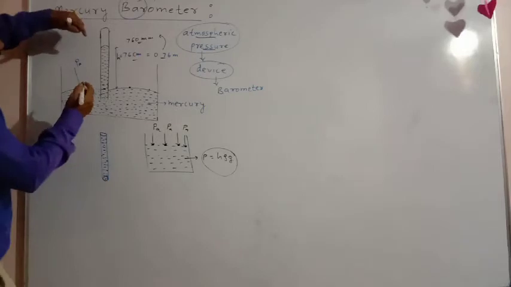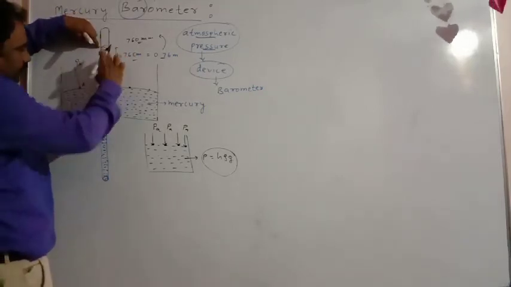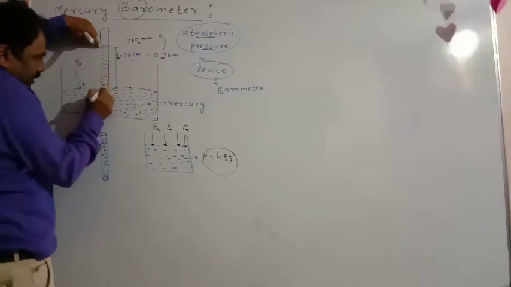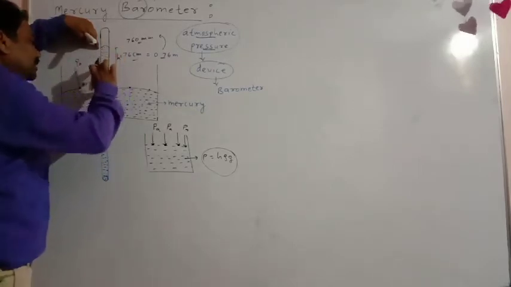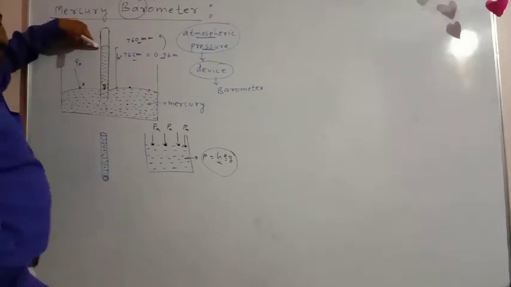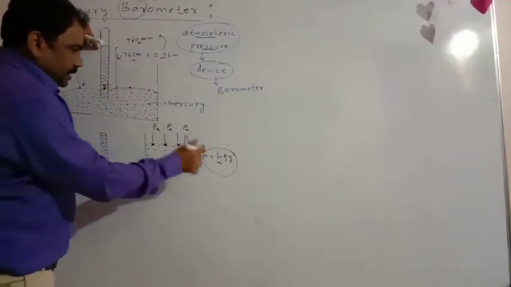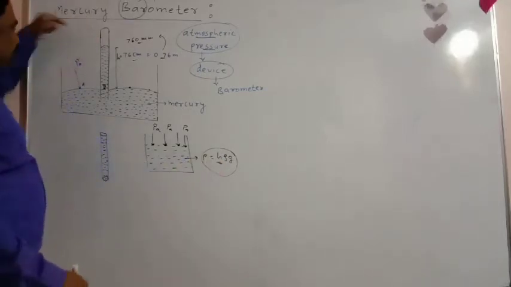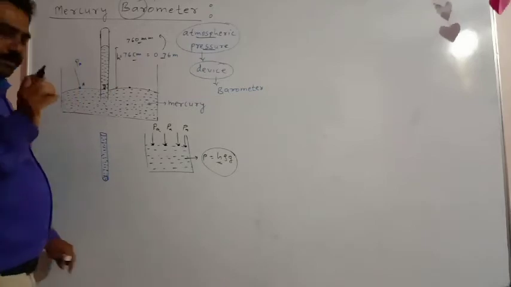But this one is a liquid column inside the glass tube. So this liquid column exerts a pressure on this point. Suppose this point is B. On point B, the liquid column exerts a pressure which we have discussed in our previous videos, that is H rho g. Okay. So the pressure on A and the pressure on B must be equal.